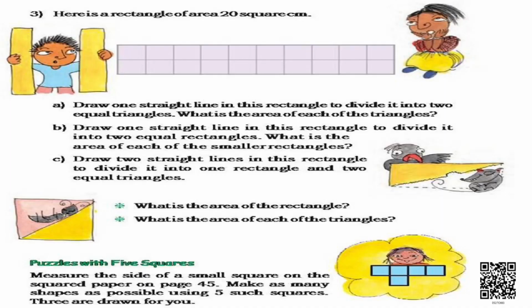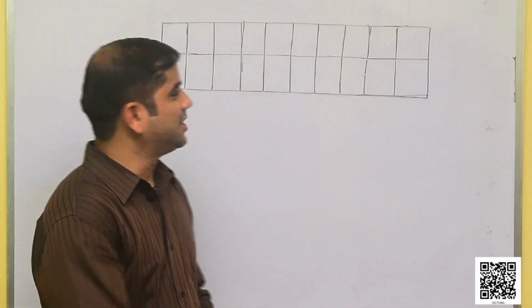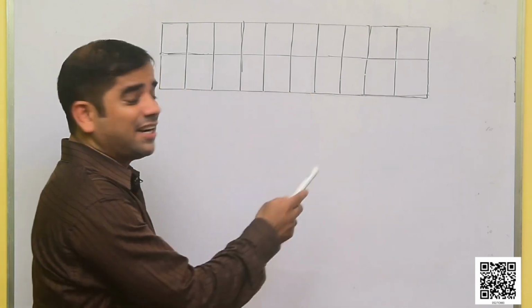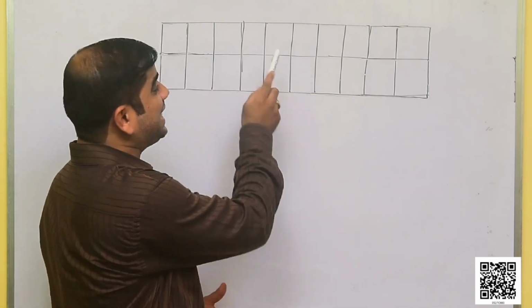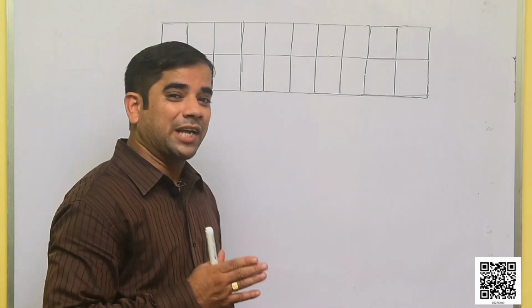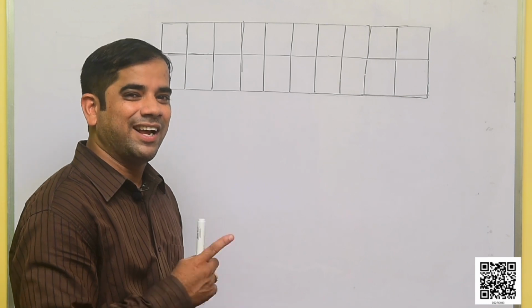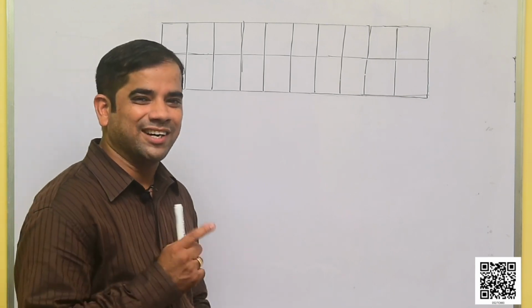Okay? Students, we have a third task and we are going to do it together. As you can see in the board, we have a rectangle having 20 small squares. So can you see what should be the area of this rectangle? Exactly, you got it right.